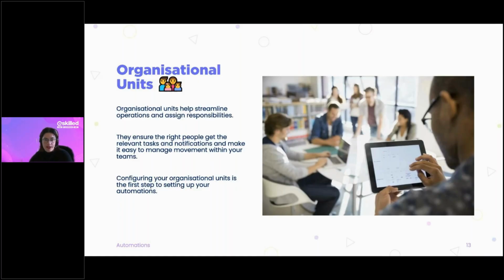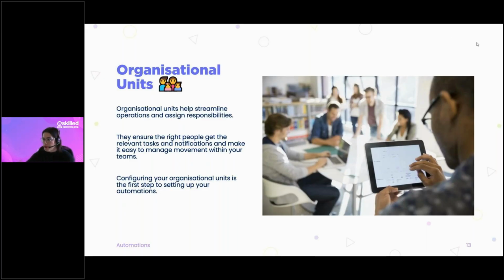So as a concept, organizational units or org units are about splitting up your team into departments or different roles, and how you organize and split up tasks and responsibilities. By doing that, it helps you streamline operations and assign work to people. And it's really the first step to utilizing automations really intelligently.